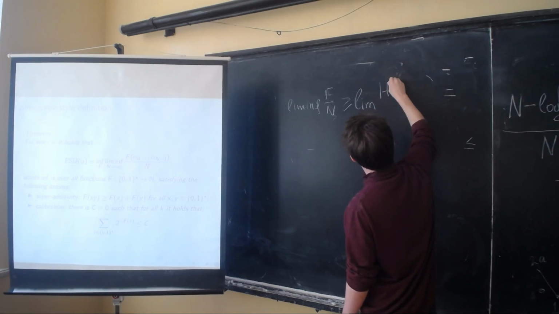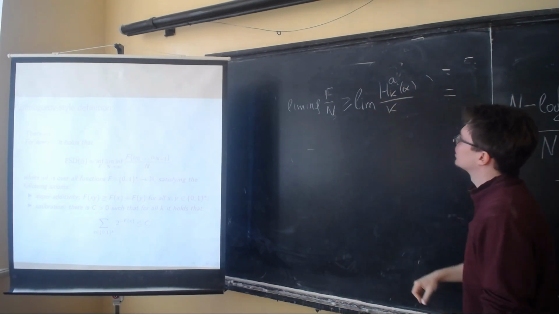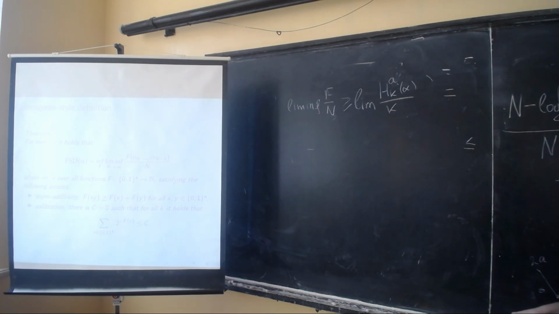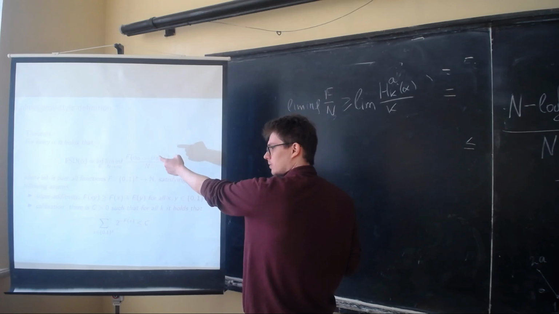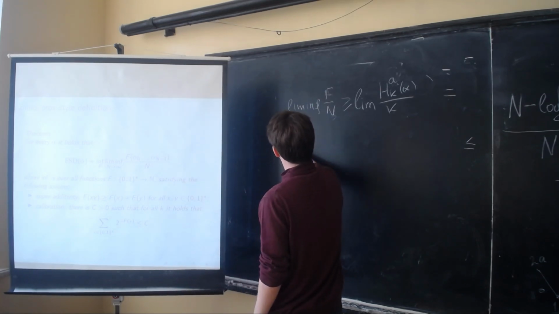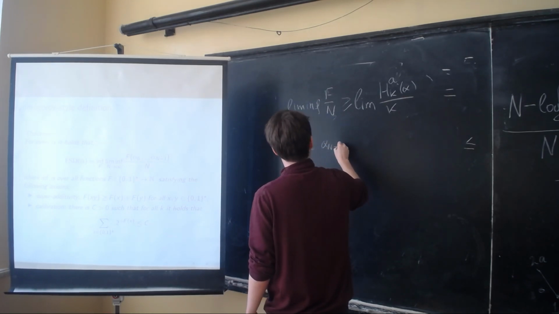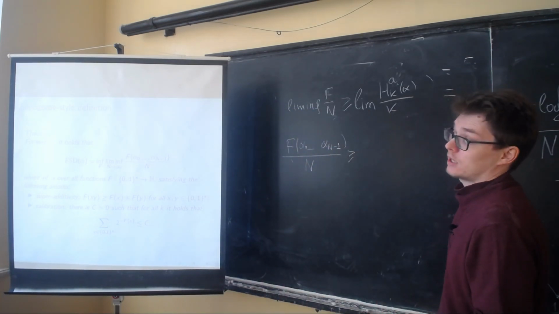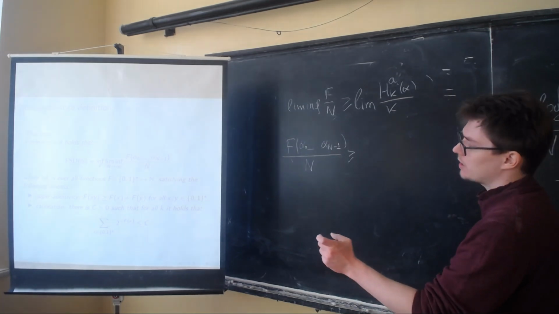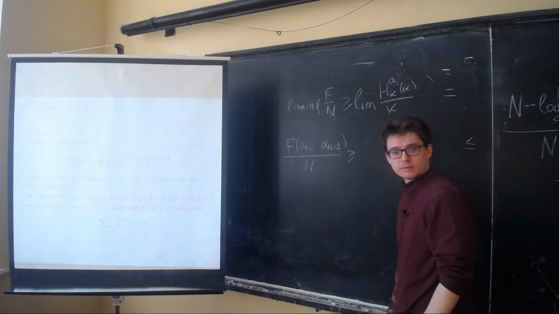Now I again work with the aligned case over k. Why is that? Well, I need to upper bound this, so I can just use super-additivity and rewrite it using blocks. So I can divide my string into n over k blocks of length k.